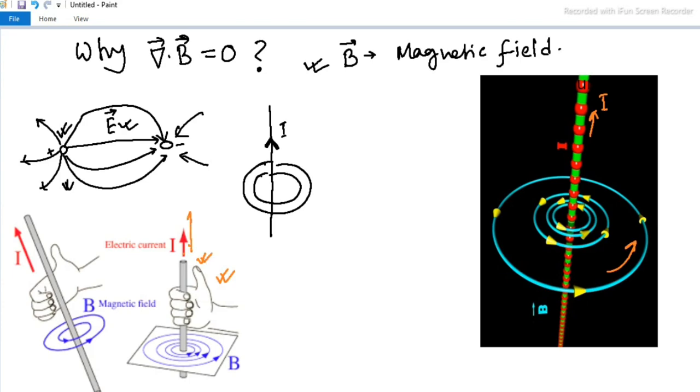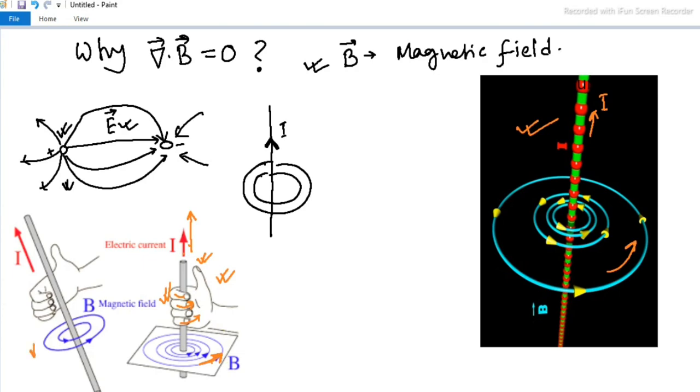As the current is flowing upward, your thumb will be directed upward, and the curl of your fingers, the direction in which the fingers are curling, will be your magnetic field direction. So the magnetic field is directed along the curl of the fingers.